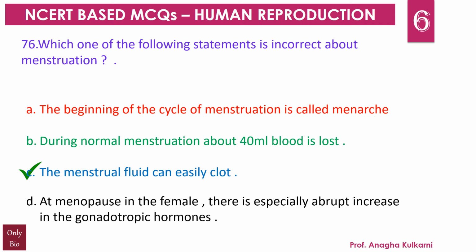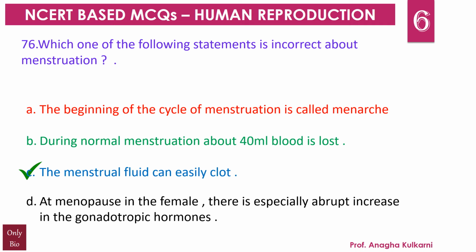So this is the incorrect statement, that is, the menstrual fluid can easily clot is the incorrect statement. Friends, menstrual fluid is loaded with anticoagulants that break down the thick blood clots and prevent the blood from clotting. This helps in maintaining a free flow consistency.